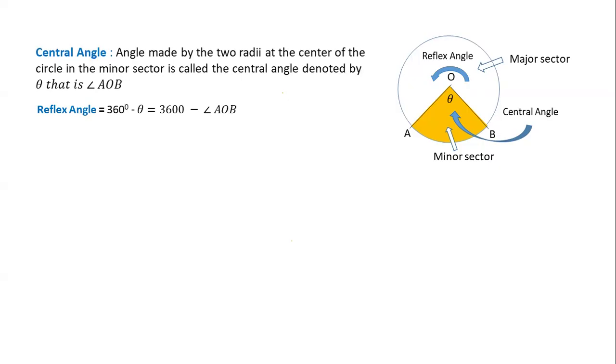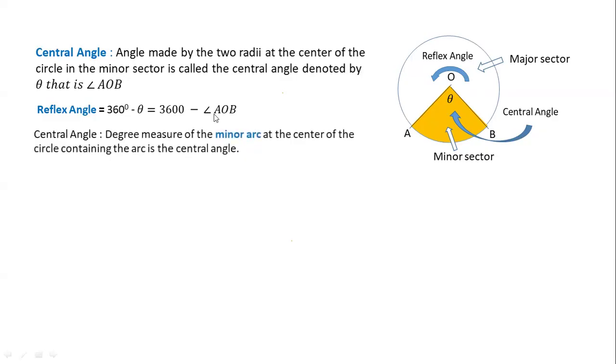Okay, these are the various concepts which you are learning. Now, the central angle you can also define as the degree measure of the minor arc at the center of the circle containing the arc. Before this also I have defined the central angle.